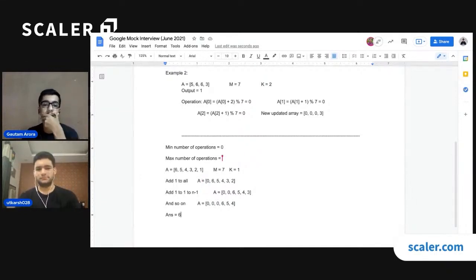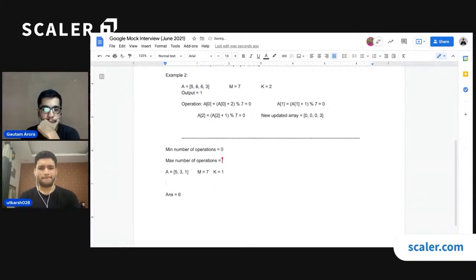Now, what will be the maximum number of operations? The question is still in my mind. Now, let's remove these elements. Shall we do one dry run on this? Okay, so now the array is in descending order, as I can see.